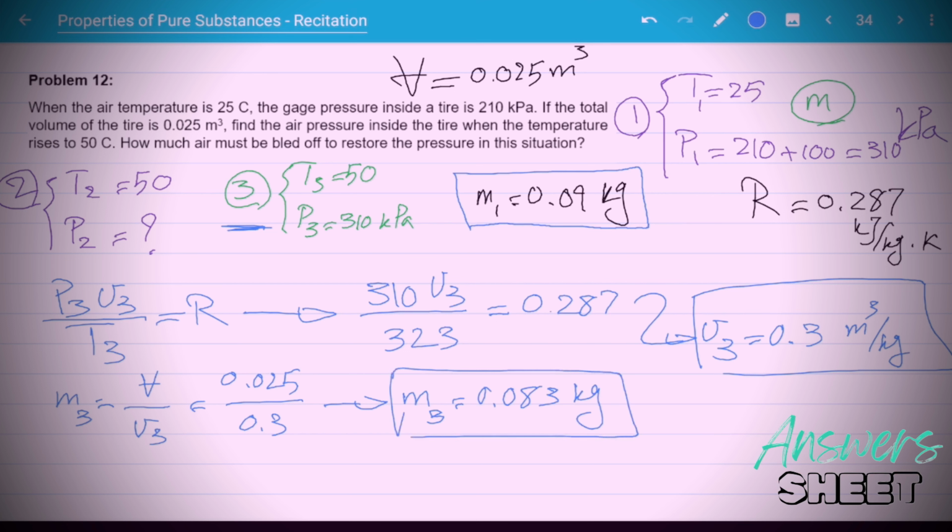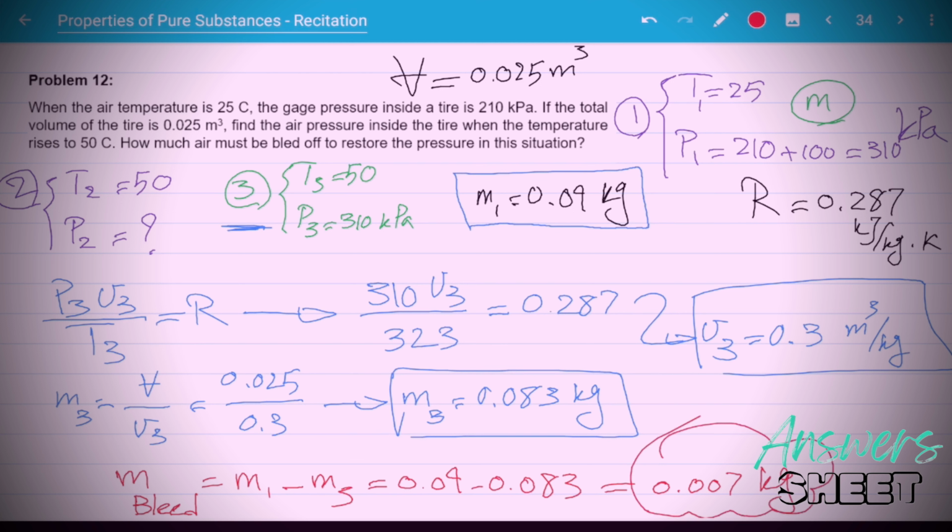Now the mass that we need to bleed off is the difference between the initial mass and the final mass, which is 0.09 minus 0.083, which will give us 0.007 kilograms, or just 7 grams of air. So in order to restore the pressure back to 310 kilopascals, we need to bleed off 7 grams of air.